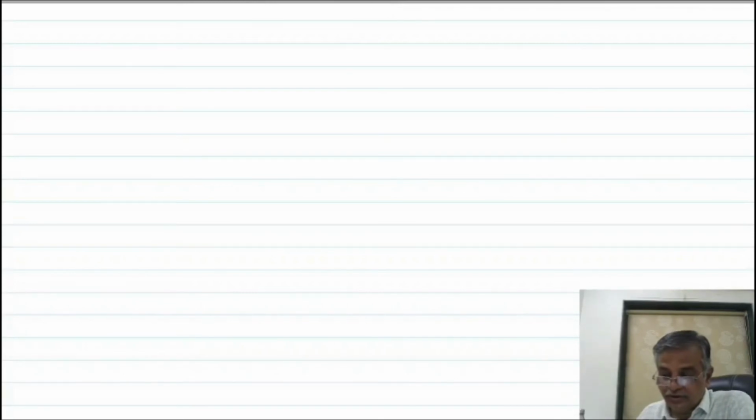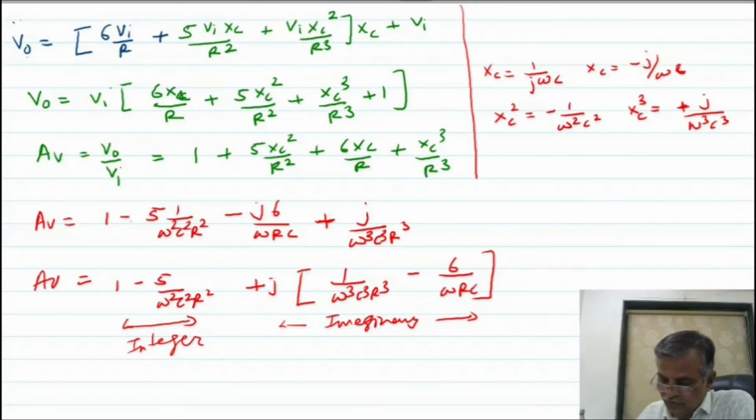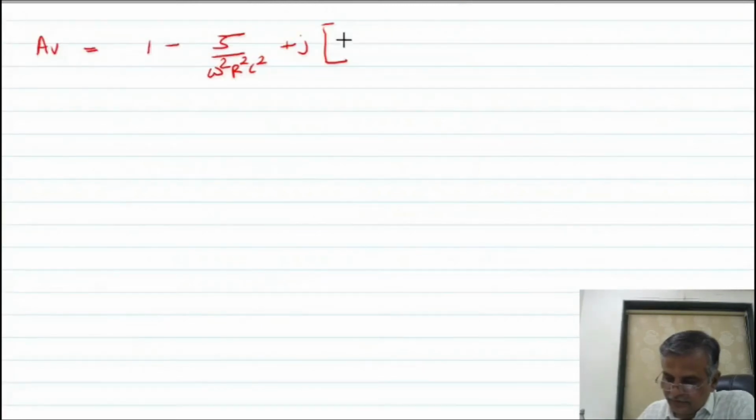Let me write the equation of the gain again. This is 1 minus 5 upon omega square r square c square, plus j into 1 upon omega cube c cube r cube minus 6 upon omega rc.